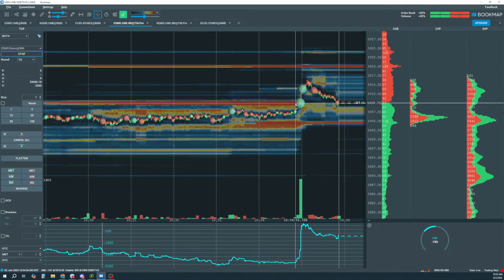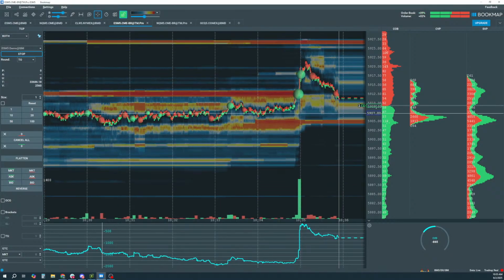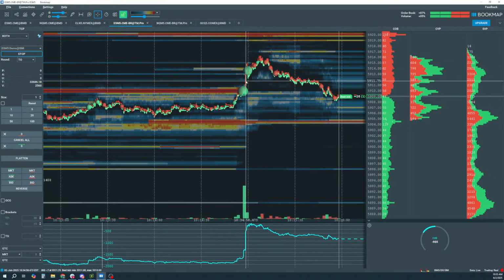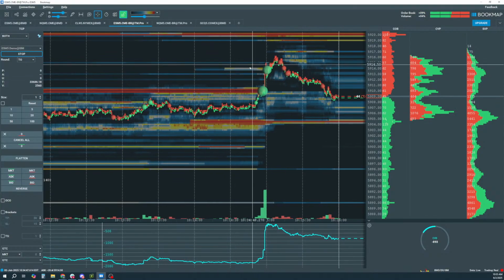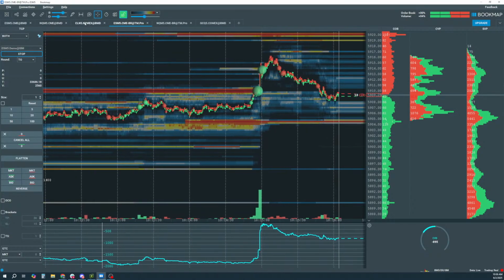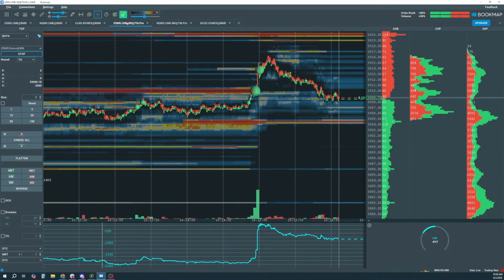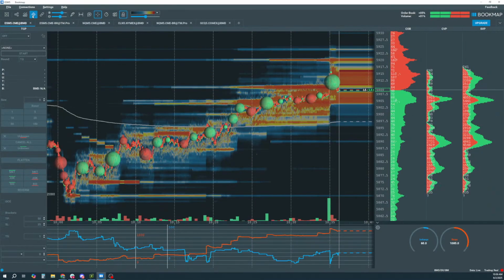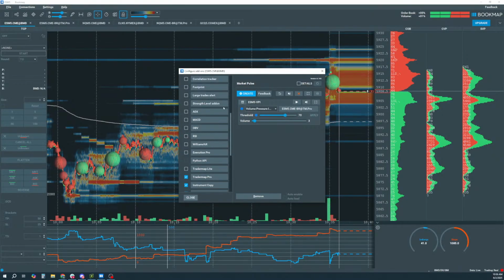Back down to where it just broke out from. This is going to be a really big stop run here. This is the environment I think we're in right now. We talked about this on Friday, this probing, this testing, and these stop runs in here. So let's turn on our stops and icebergs, and let's take a look at them.